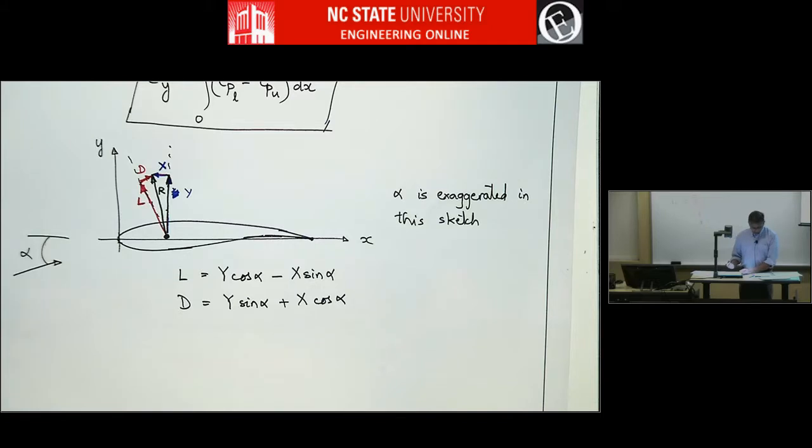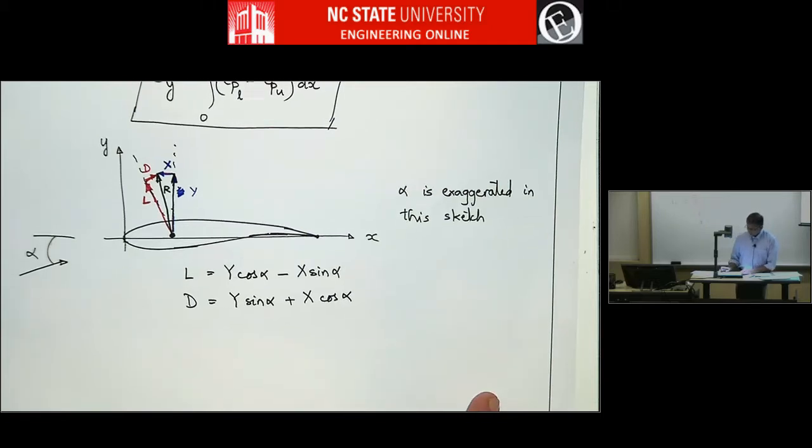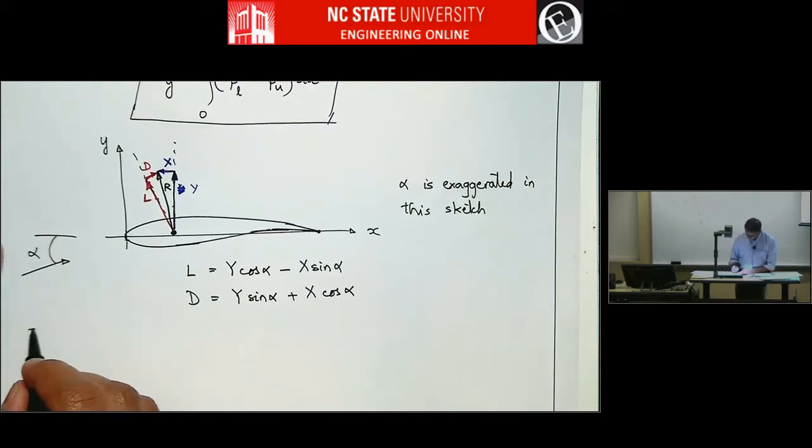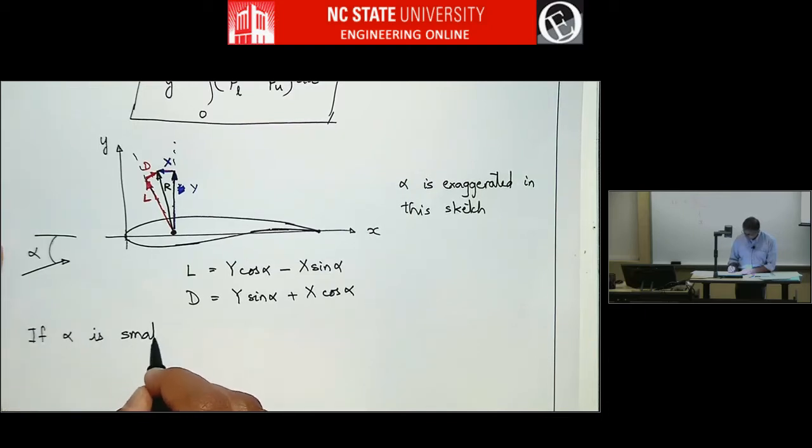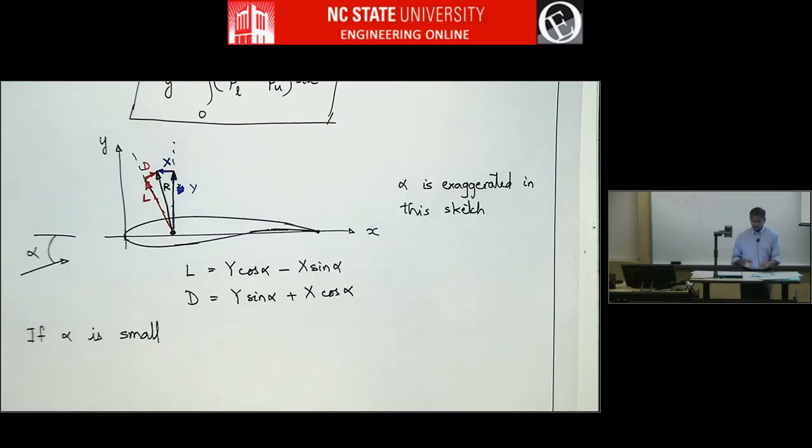So alpha is small. What do I mean by that? By now you have been hearing about small angle approximations in all kinds of places. Is 10 degrees small? 10 seems like a big number, right? 10 is not small. 15, 12. But we are saying most of the time alpha is small in normal flight conditions.